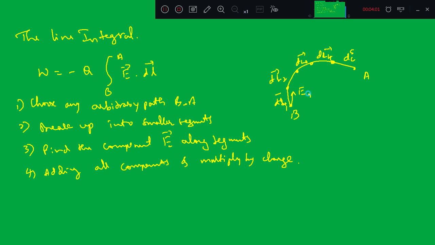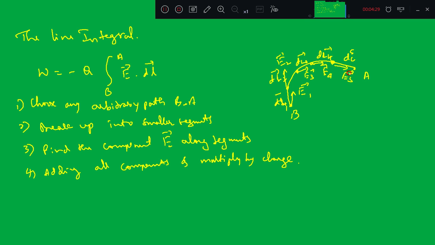So this is E1, then here it is E2, then here E3, then E4, then E5. So these are the E components.